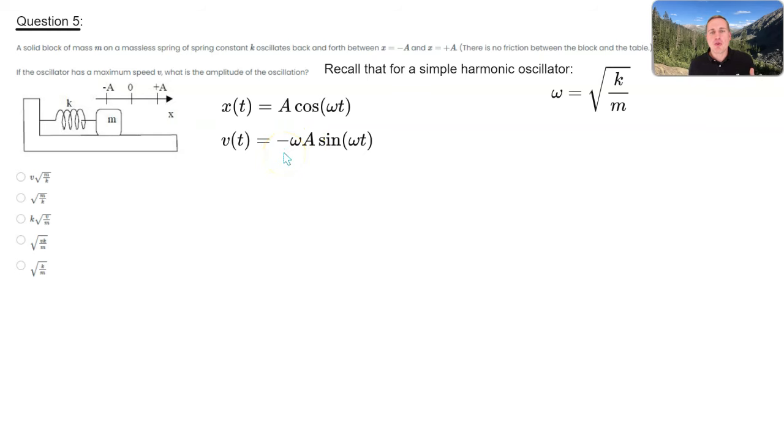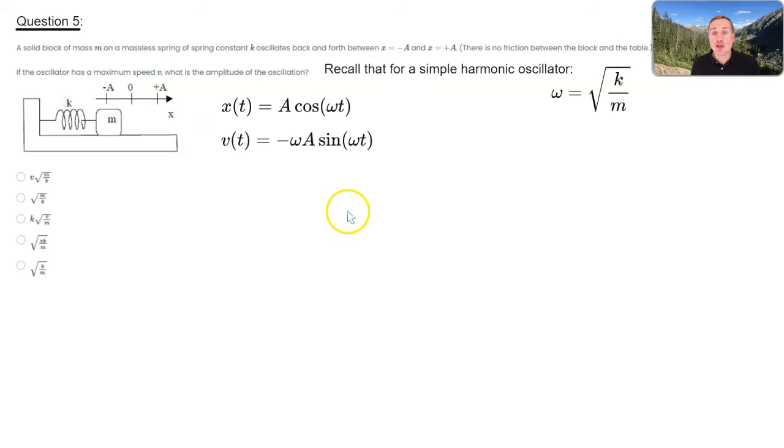Hopefully many of you that are my calculus viewers also know that v of t is the time derivative of the position function. So if I take the time derivative of this using your calculus 1 skills, the derivative of cosine omega t is negative sine, but by the chain rule, an omega comes out the front.